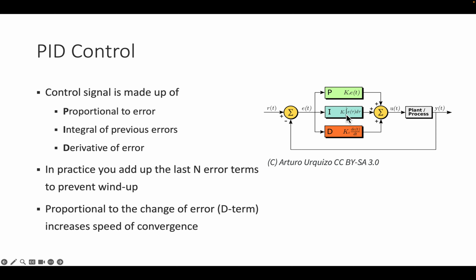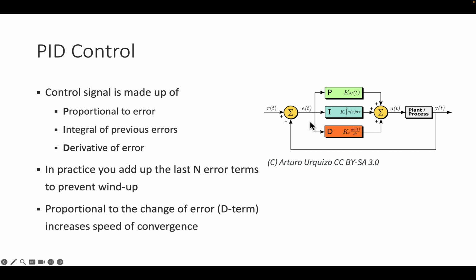Now the integral term is easy to understand if you think about this deadband effect and the problem that you will end up with a steady state error. If you just keep adding up this very small error over the last 5, 10 or 20 time steps, at some point the sum of the error will become big enough to create a control signal that will actually move the robot. So when you use an integral term, you can really avoid this steady state error.